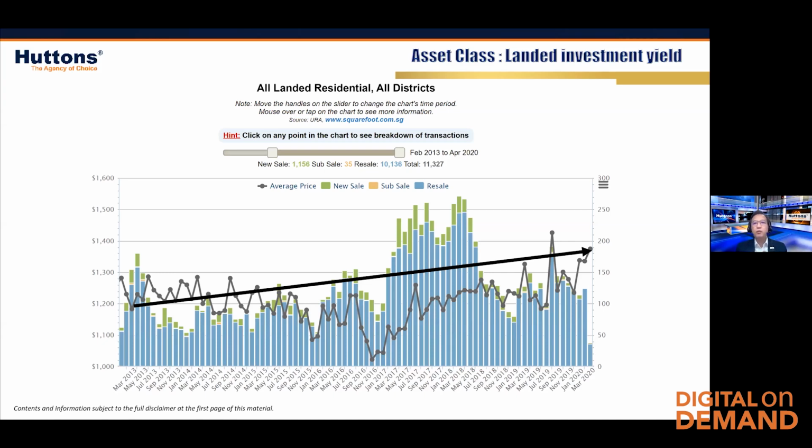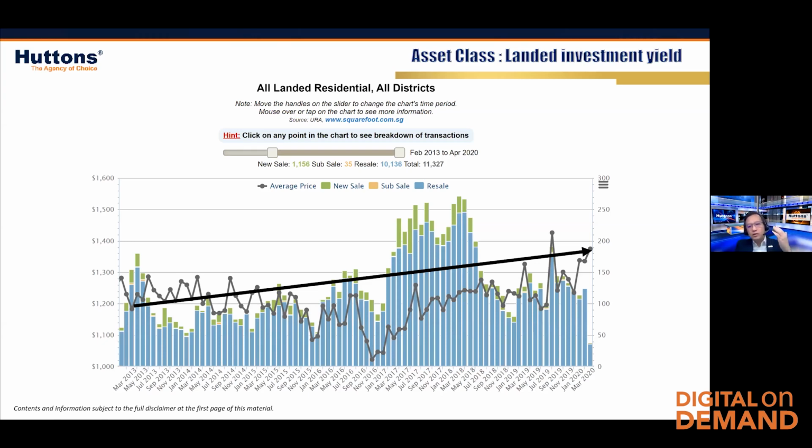But from here, no matter whether it's up or down, you can see that there is an upward trend in terms of landed property prices. This will be something good, and I'm very sure for those landed property owners out there, if you bought it like 10 over years ago, your property would have been a 2-fold or 3-fold increase in value. So congratulations for investing in a landed property.